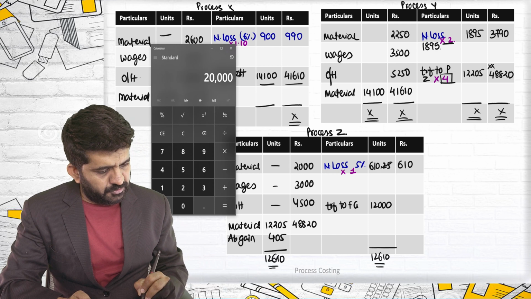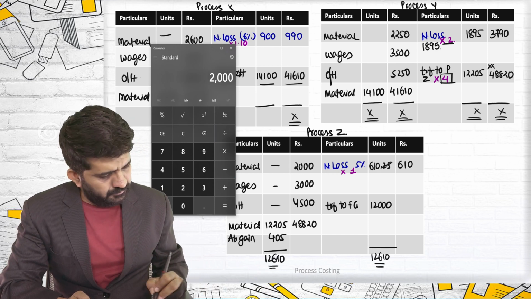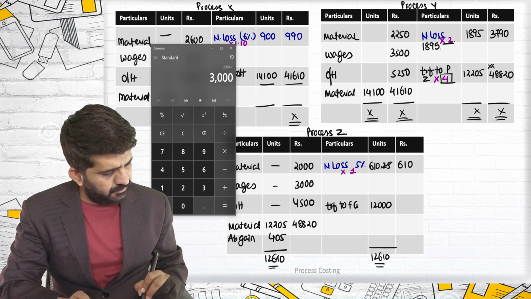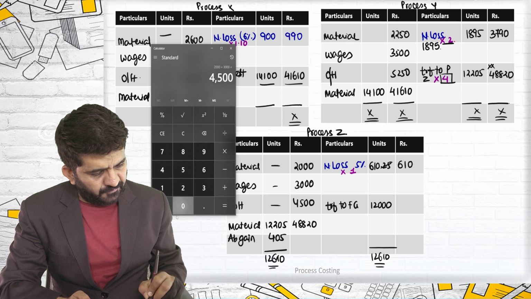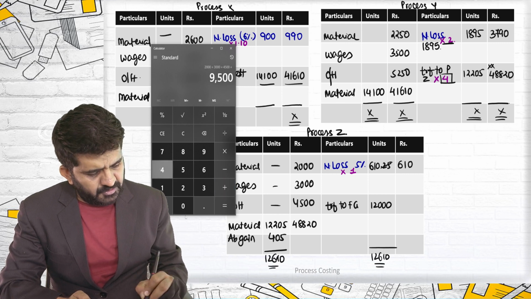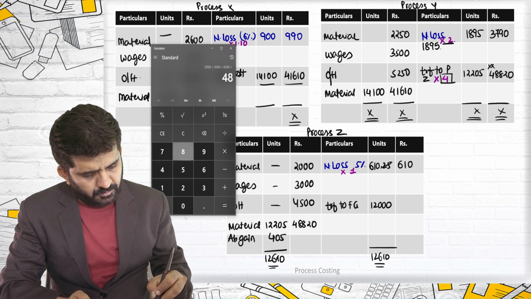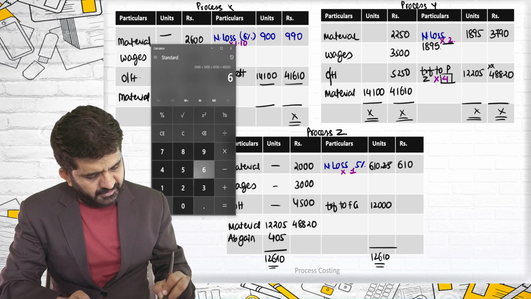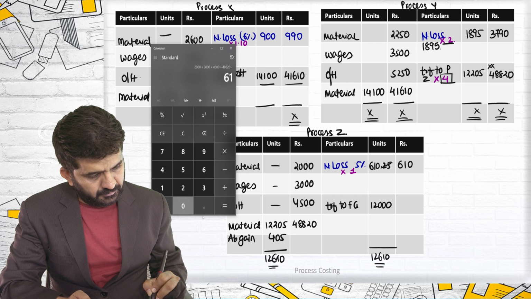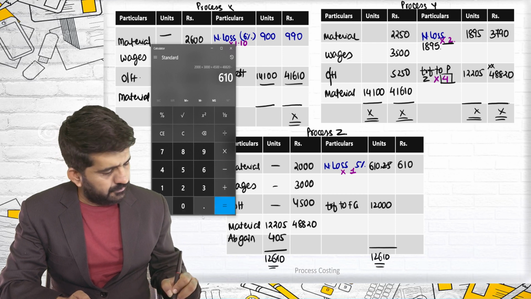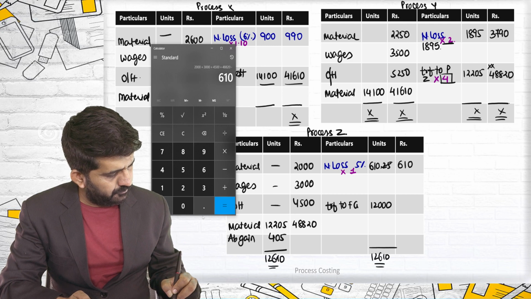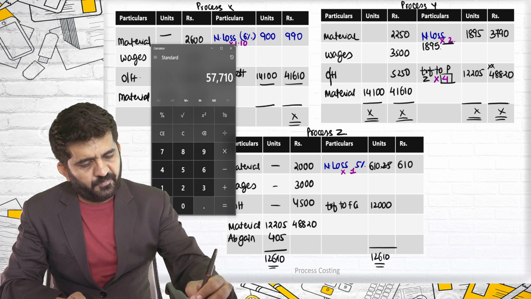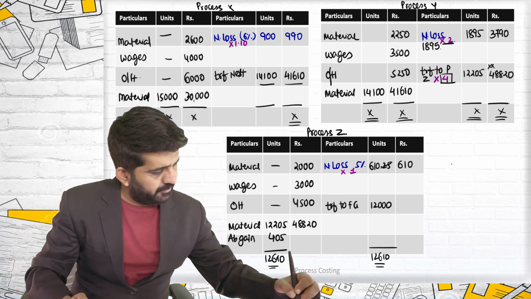NCNO will be 2000 plus 3000 plus 4500 plus 48,820 minus 610, which is equal to 57,710.